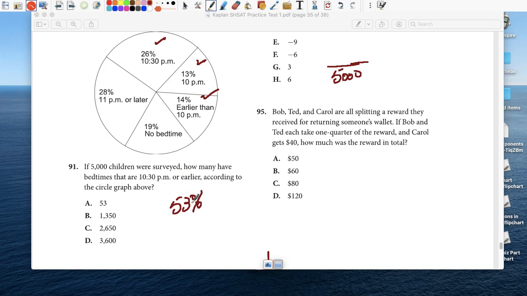So what is 53% of 5,000? That's what we want to find. Again, you can set up a percent proportion. We have 53% on the top, and we want to know the number of children out of 5,000 that represents 53%. We can cross multiply. Over here it would be just times 50, right? 100 times 50 is 5,000.